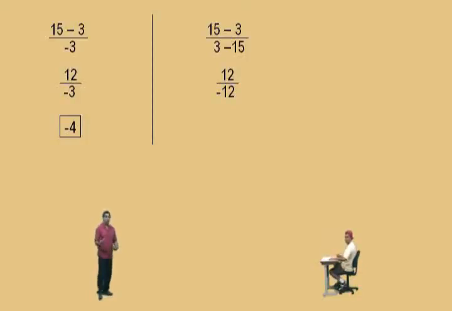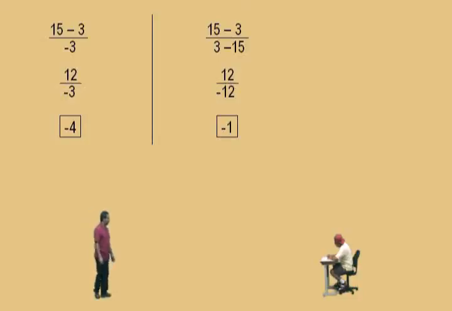So you end up with the opposite. Notice 3 subtract 15 is the opposite of 12, which is negative 12. But anyway, Charlie, 12 divided by negative 12, is it positive or negative? Negative. And 12 divided by 12 is what? 1. So the answer is negative 1.